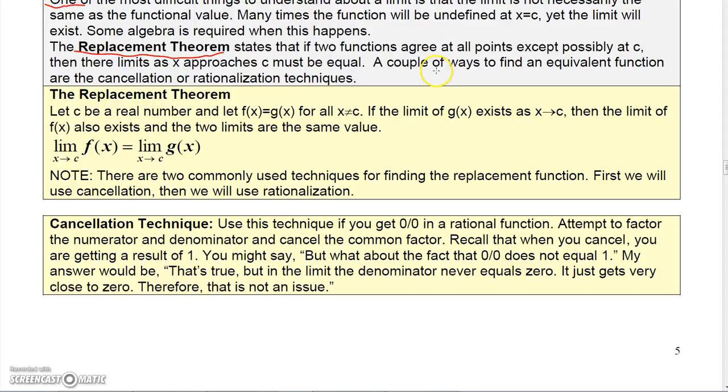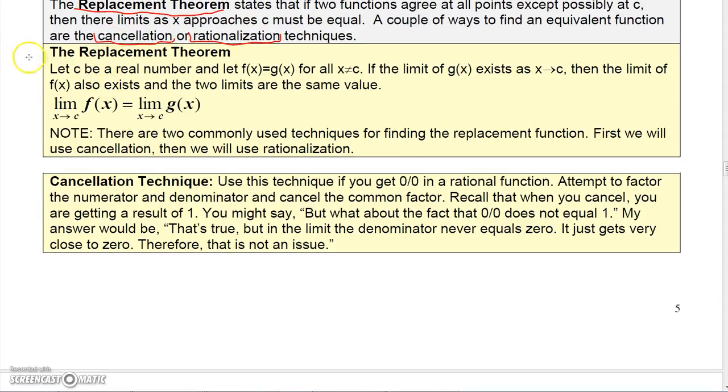A couple of ways to find an equivalent function are the cancellation or rationalization techniques. These are the most common ways to evaluate those limits that give you 0 over 0 when you evaluate them by just plugging in. So we're going to look at those techniques in a minute.